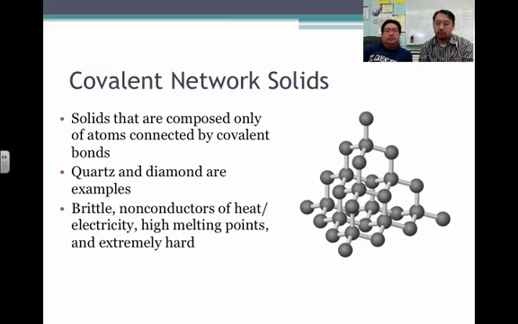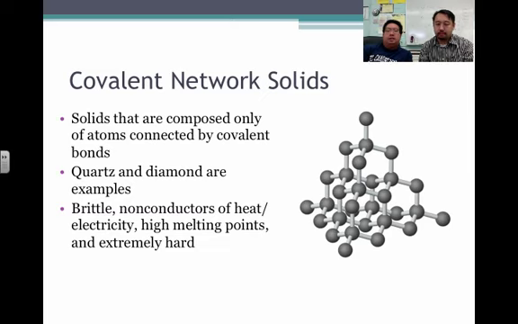These result in a very strong three-dimensional structure, more so than the general crystal lattice from ionic solids. And this results in some of the hardest substances on the planet. Actually, the strongest substance, diamond, is a covalent network solid. And the arrangement of these atoms is what gives these solids their particular physical properties.